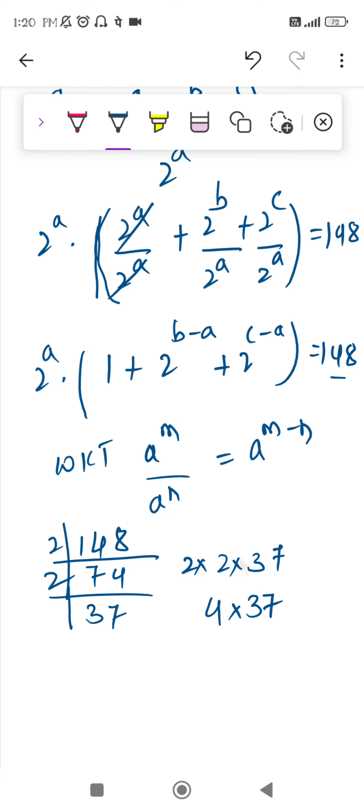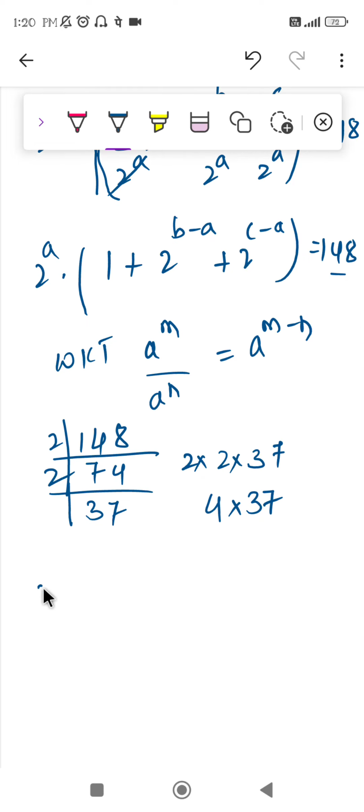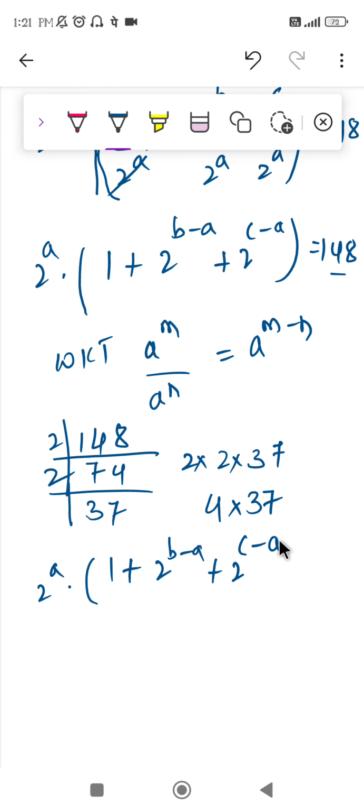So we can write 148 as 4 into 37. So 2 to the power of a into 1 plus 2 to the power of b minus a plus 2 to the power of c minus a is equal to 4 into 37.